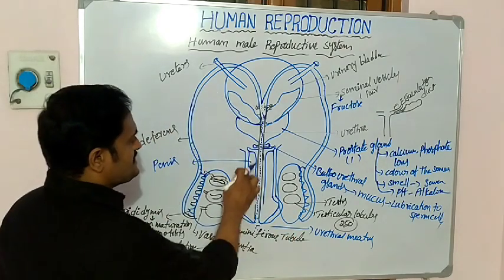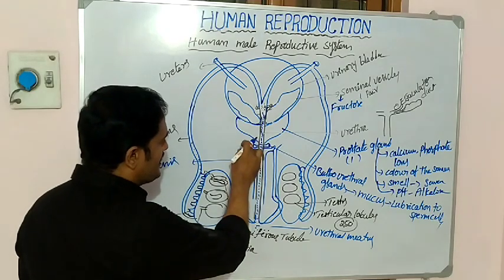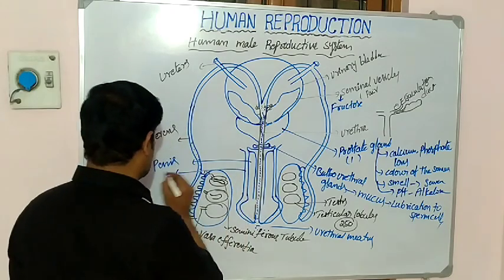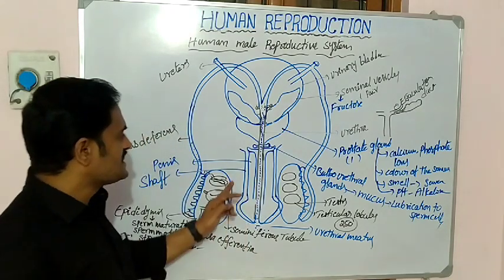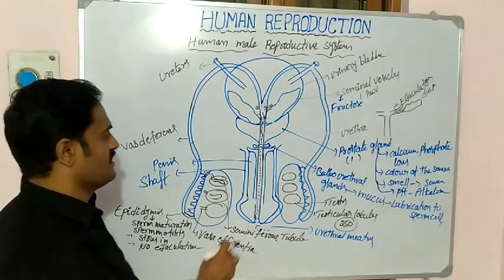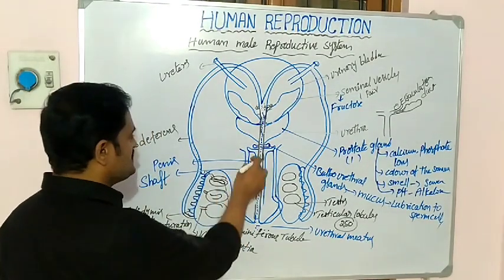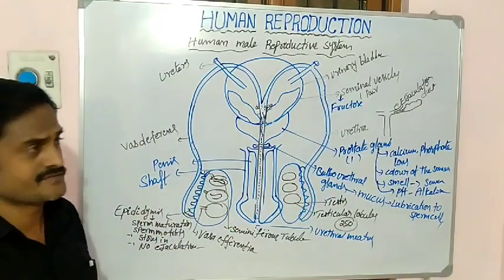See, the skin is attached from this area to this area, and this is called the shaft. So the skin is attached to the penis from here to here. This area is called the shaft.